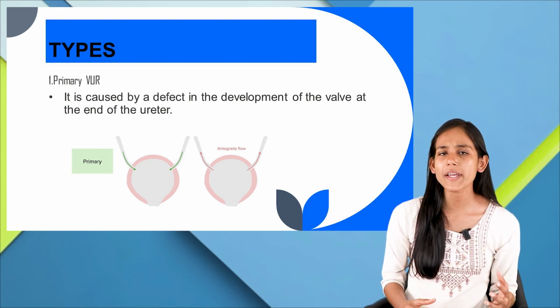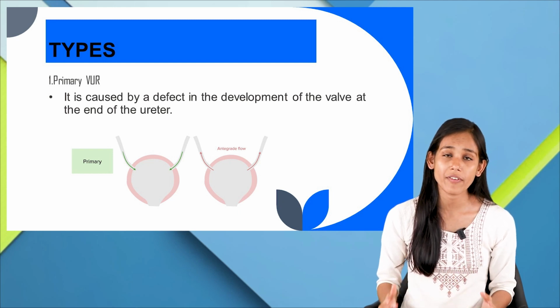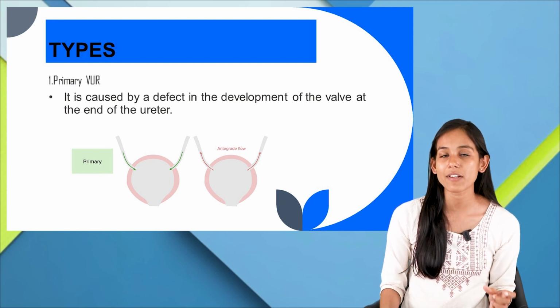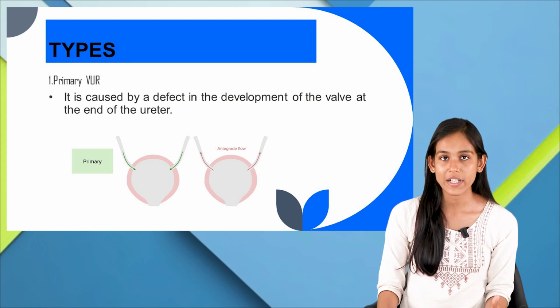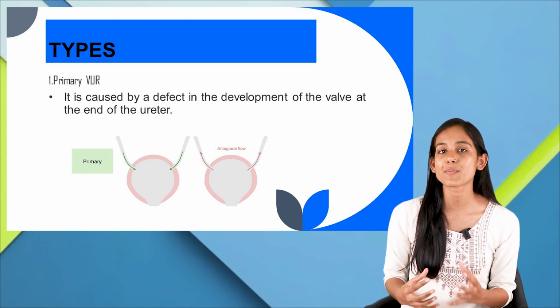So as we already discussed earlier, how this vesicoureteral reflux is prevented, right? Once the bladder contracts, the valve which is present in the ureterovesical junction closes off, and that is how it is prevented.